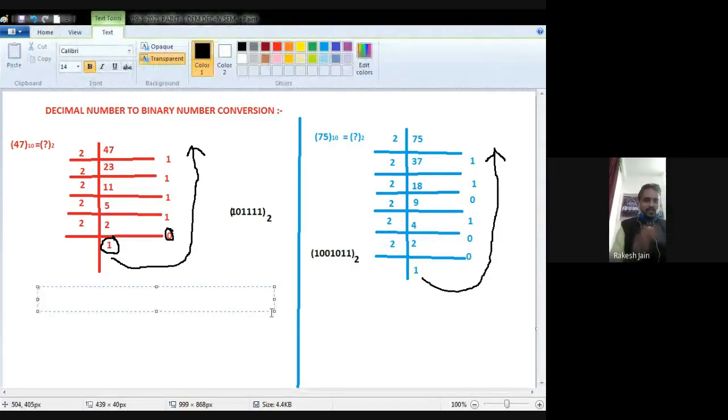So here I am going to explain how a binary number is converted into a decimal number.